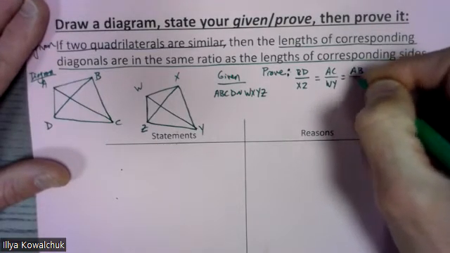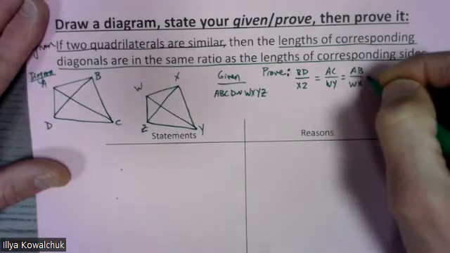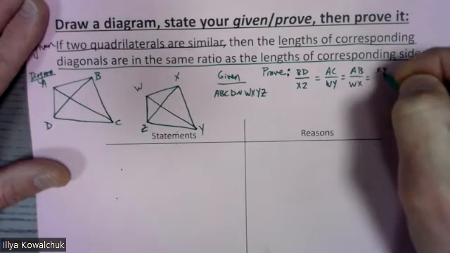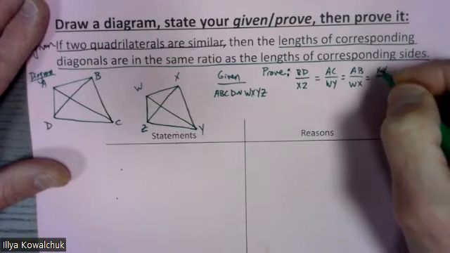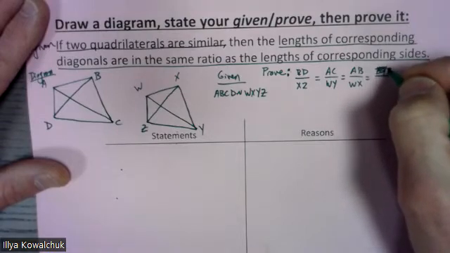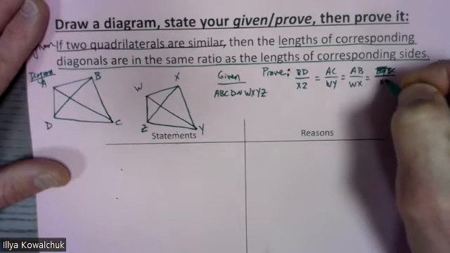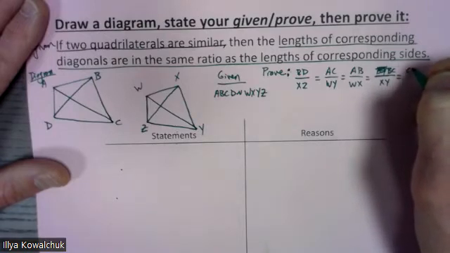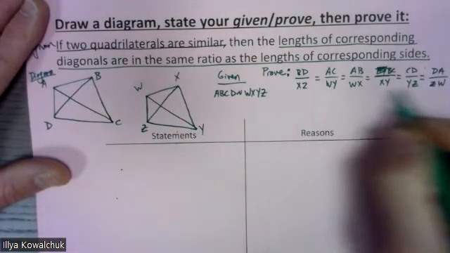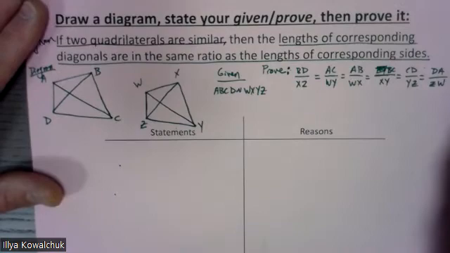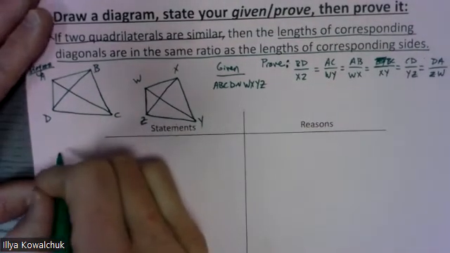AB is to WX as BC, sorry, that should have been BC, is to XY as CD is to YZ as DA is to ZW. So we're trying to prove that they're all in the same ratio to each other. Cool. All right, let's get started.